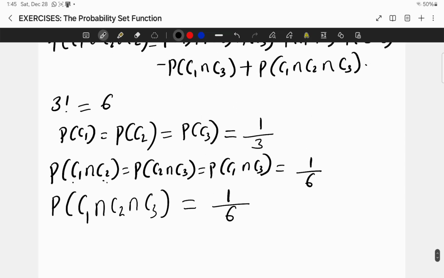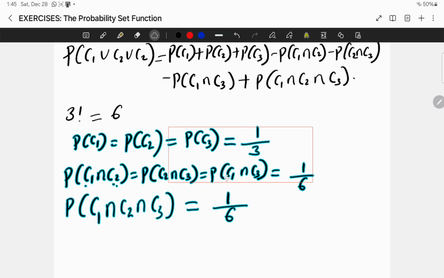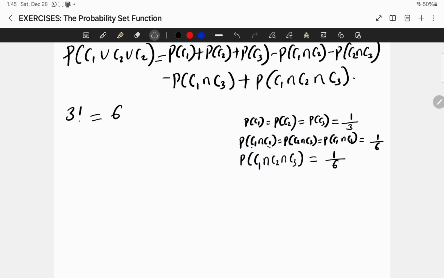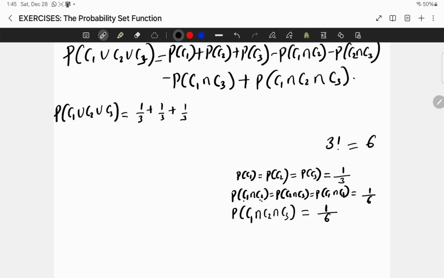So we substitute all these values here. That means the probability of C1 union C2 union C3 equals 1 minus 1/6 minus 1/6 minus 1/6 plus 1/6 for the pairs, with the singles giving 1/3 each.